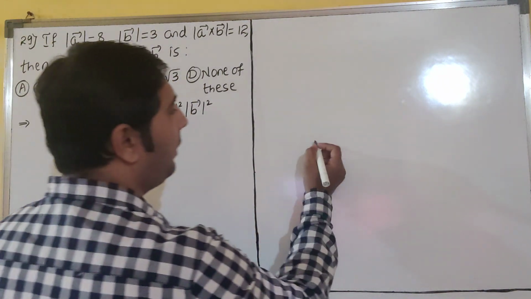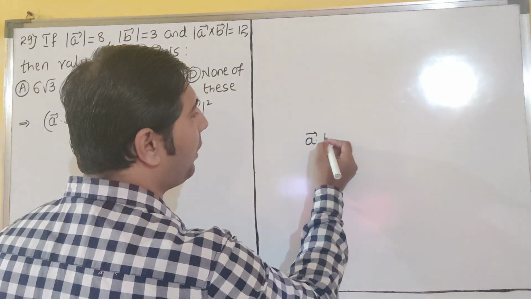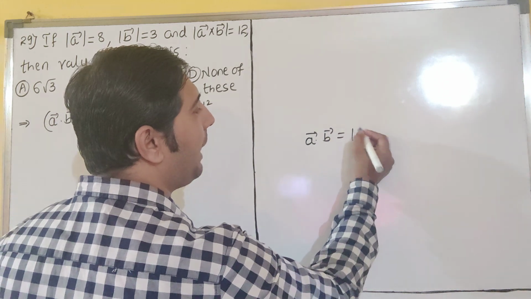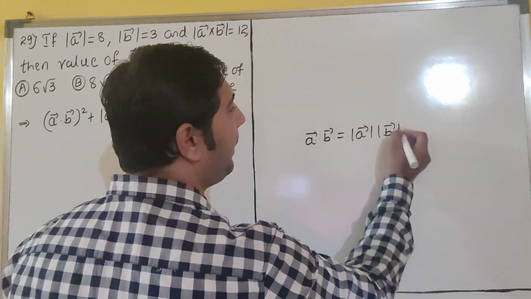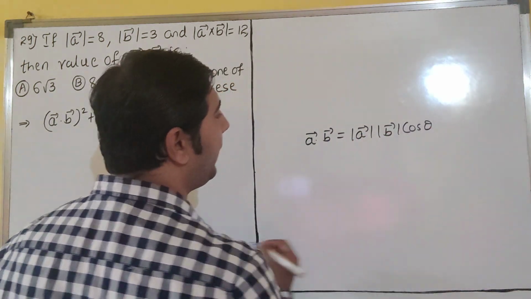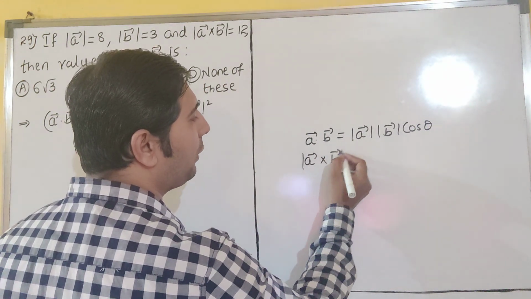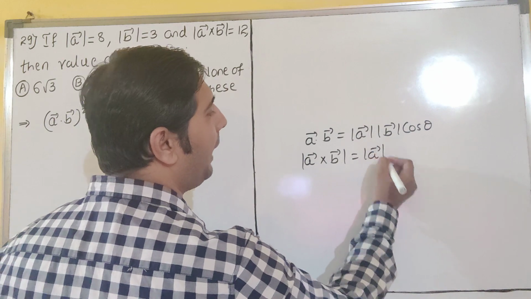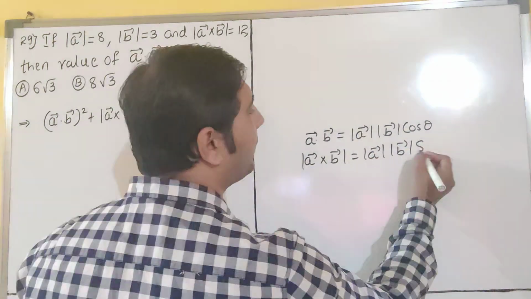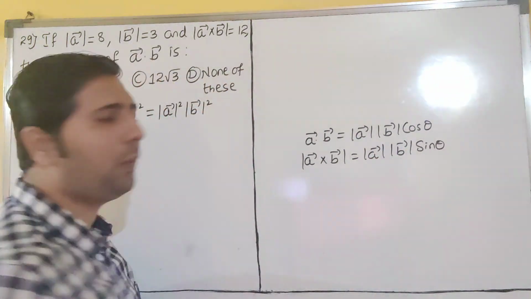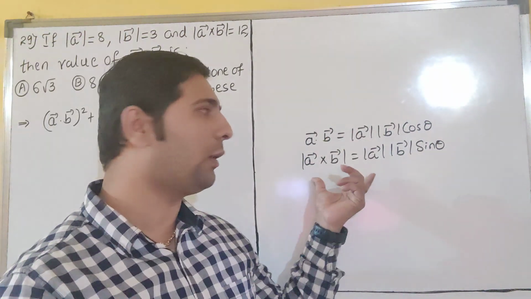Already you know, dear students, A dot B is magnitude A into magnitude B into cos theta. Will you agree? And magnitude of A cross B is magnitude of A into magnitude of B into sin theta. These are the 2 formulas which come in dot product and cross product.